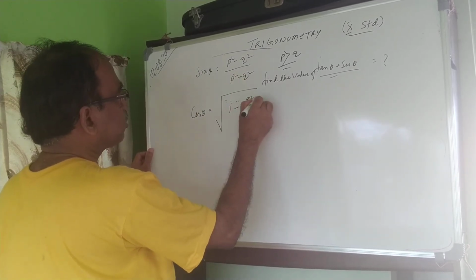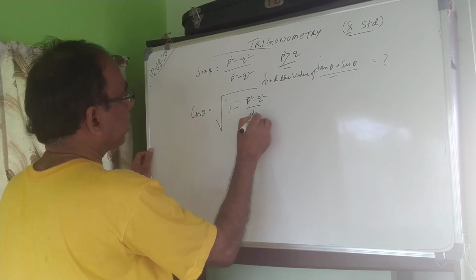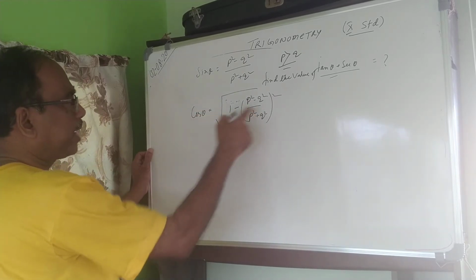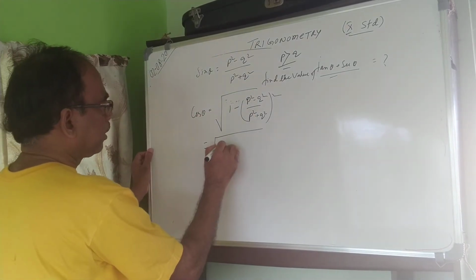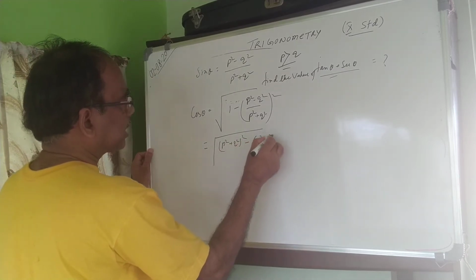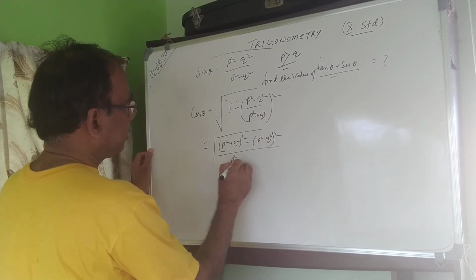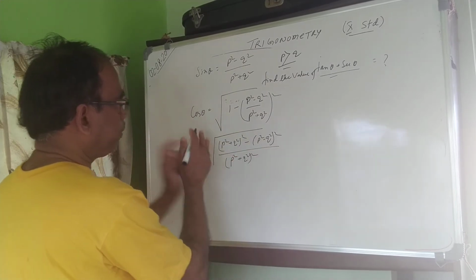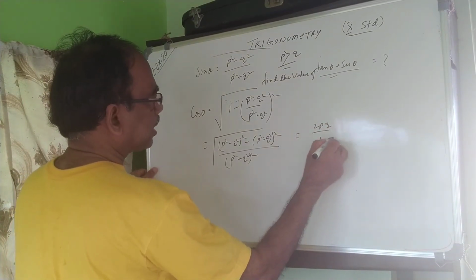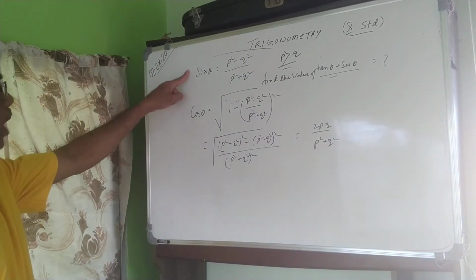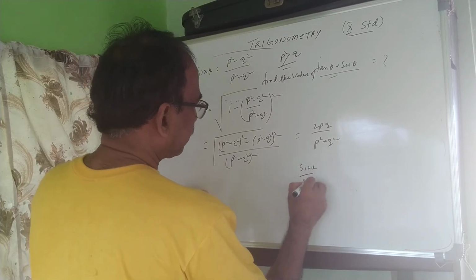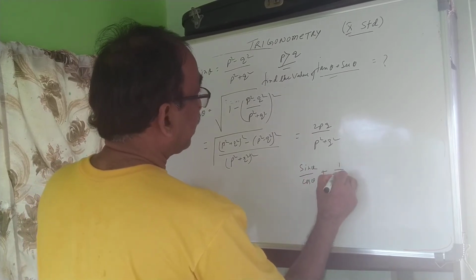That is the square root of p square plus q square whole square minus p square minus q square whole square over p square plus q square whole square. You break it, that will be 2pq by p square plus q square. We got cos theta.